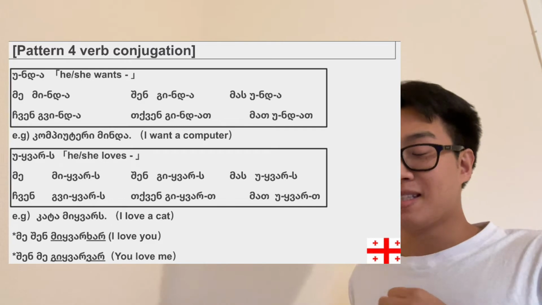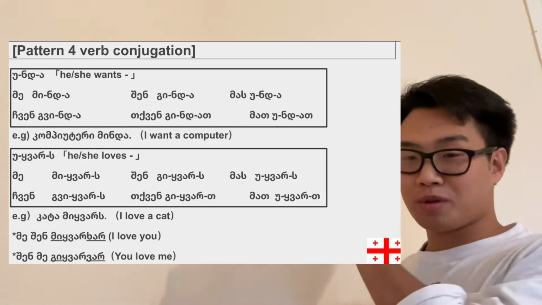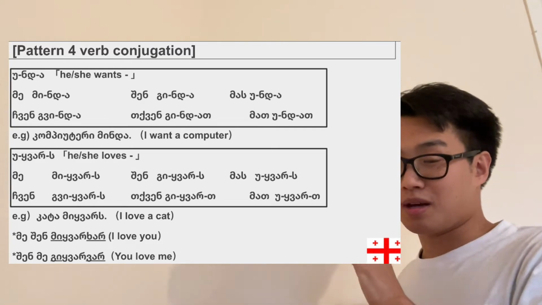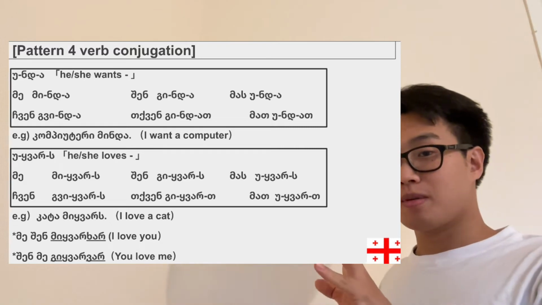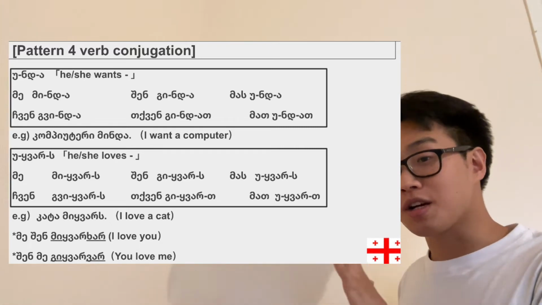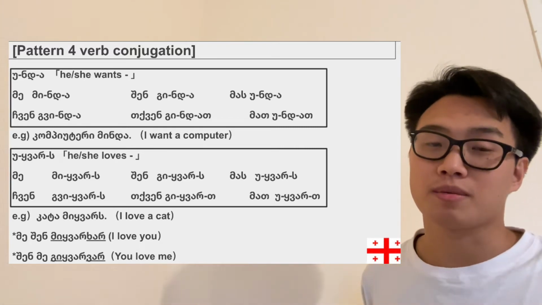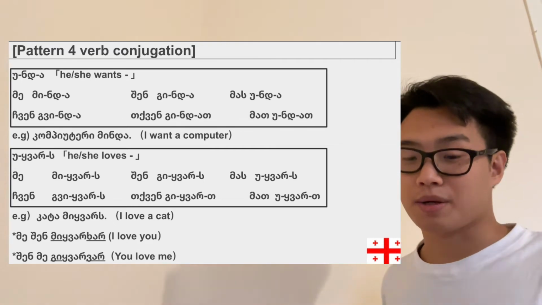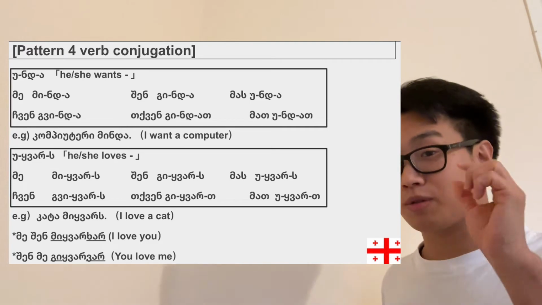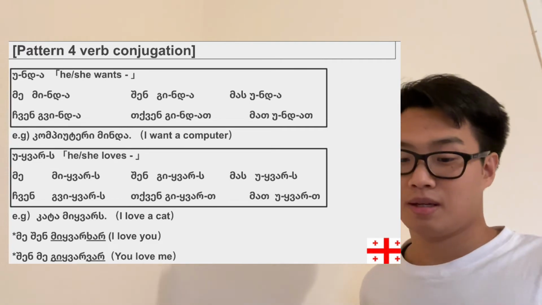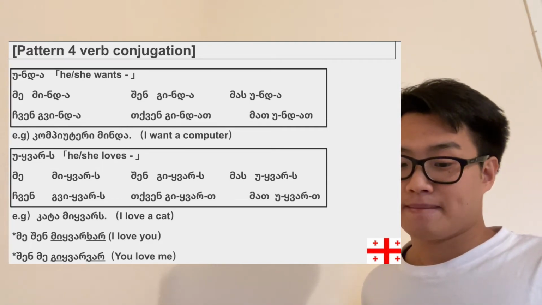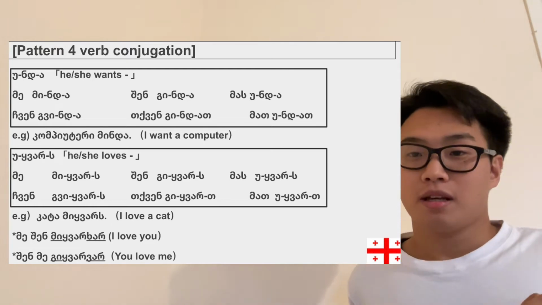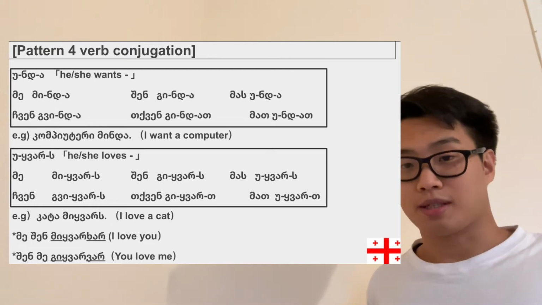So let's just remember all of the verb conjugations that we looked at in this video, and then maybe you can take the next step to remember other verb conjugations as well about first person and second person. Yeah. So now let's take a look at the actual examples.